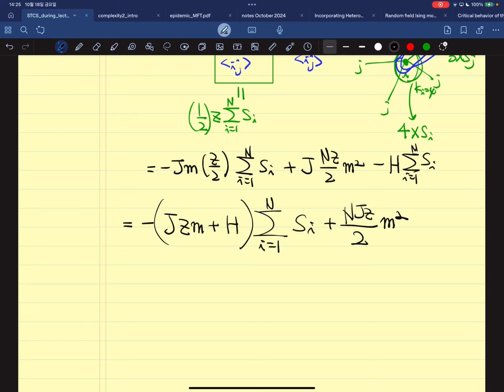I can put this superscript as a mean field treatment.